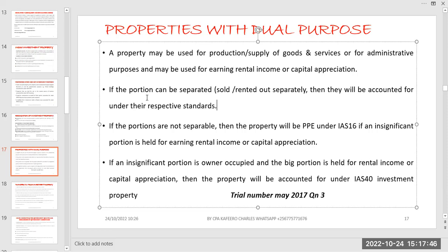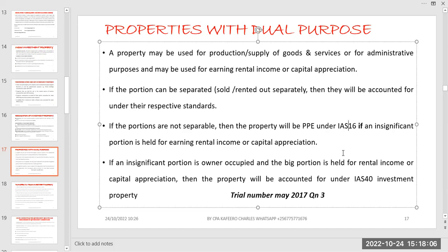PPE under IAS 16 if, make sure this if is sticking to your head. This if is very important. If an insignificant portion is held for earning rental income or capital appreciation.